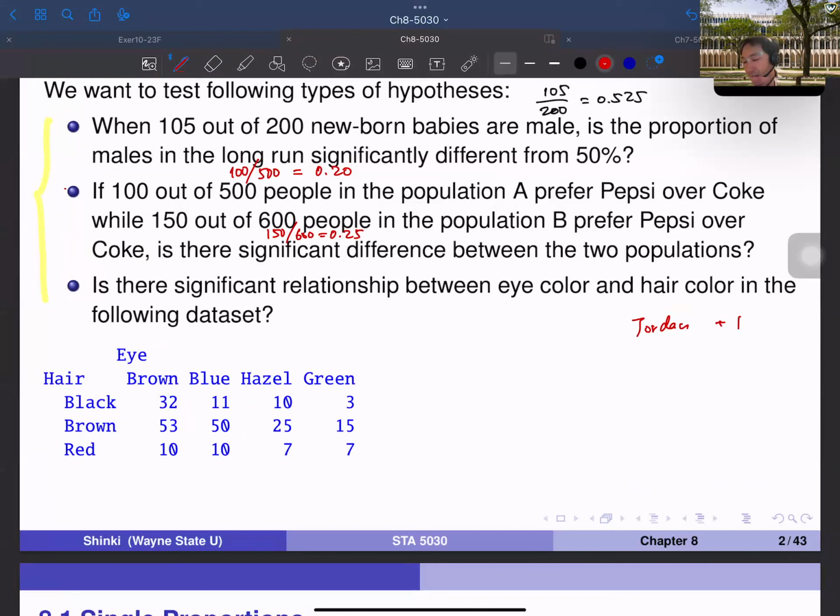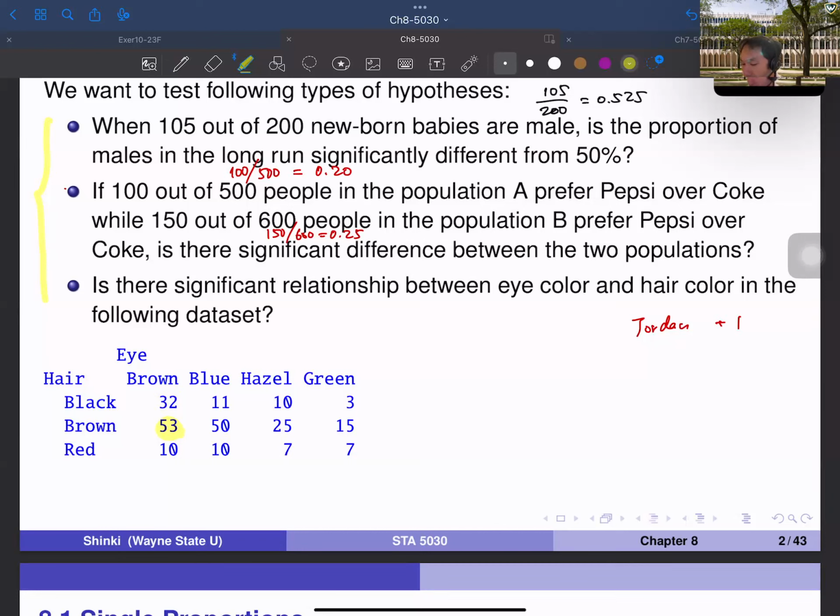That is strange data, but these are counts. The most frequent combination is brown eyes and brown hair. But we have some different cases, and we see whether these two factors are related or not.